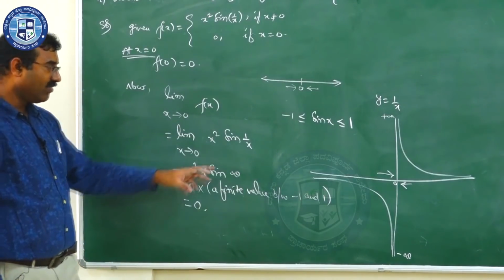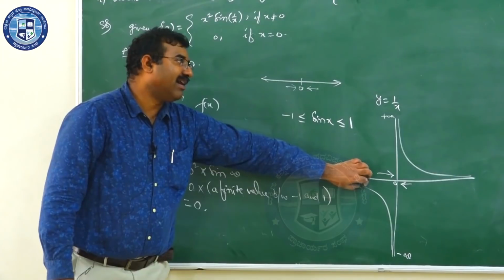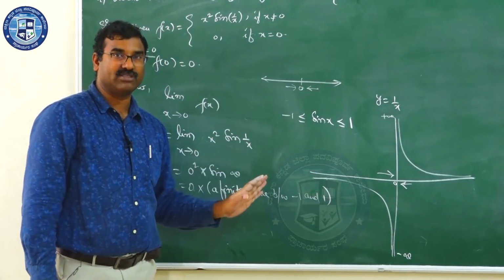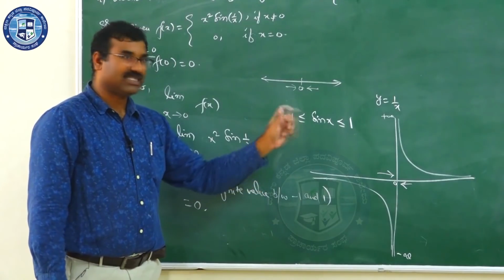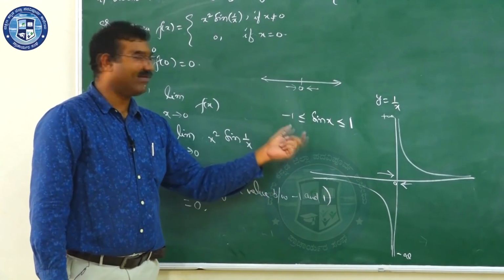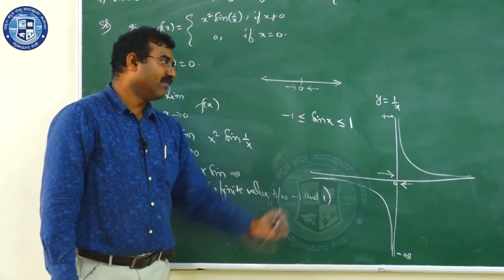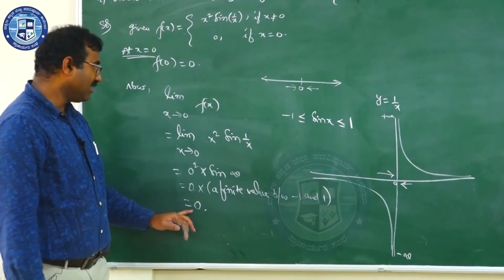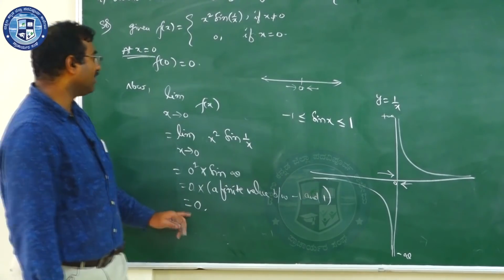If you want to solve this, you must know the idea of 1 by x as well as sin x. Sine is a bounded function, the values always lie between minus 1 and plus 1. So 0 into a finite value we are getting 0. That means the limiting value we got is 0 now.